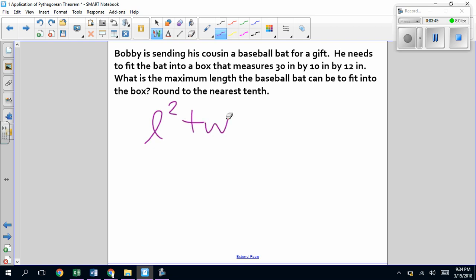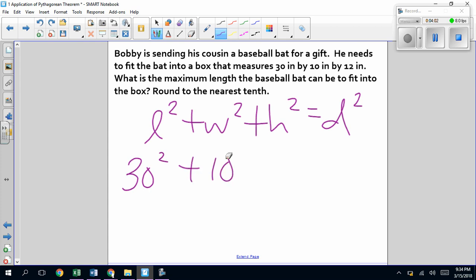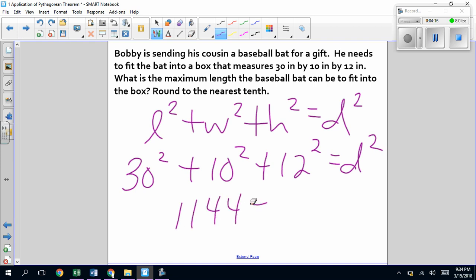So remember, for a prism, we do length squared plus width squared plus height squared equals diagonal squared. Here we have 30 squared plus 10 squared plus 12 squared equals the diagonal squared. And we can put that right in the calculator. 30 squared plus 10 squared plus 12 squared is 1,144.